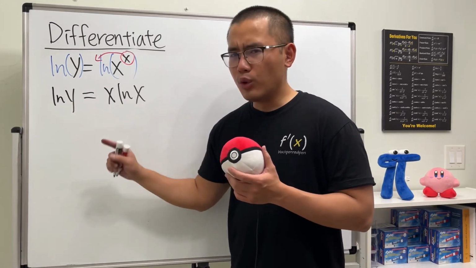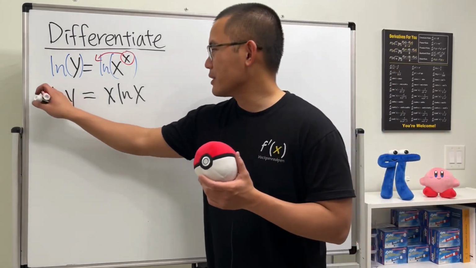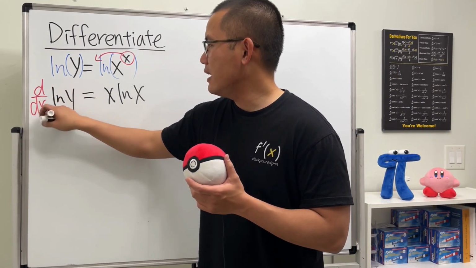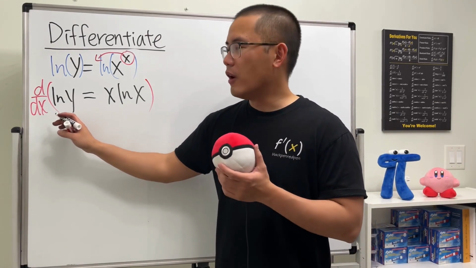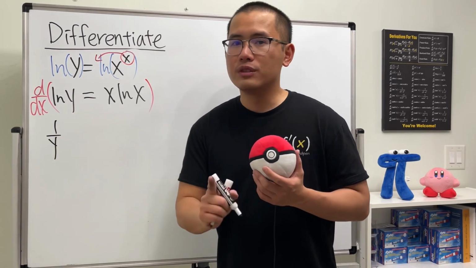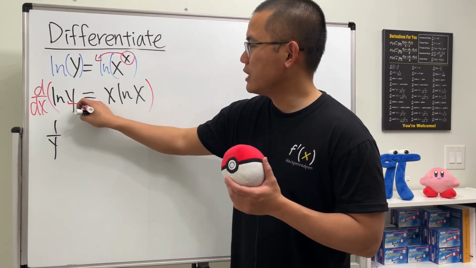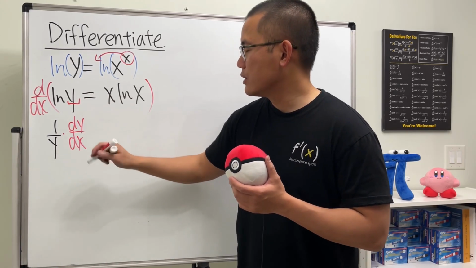Even though the y is no longer isolated, we can just use implicit differentiation, and that's how we are going to continue. So let's put down d/dx, and here we go. Take the derivative of ln y, we first get 1 over y, and then we use the chain rule. Multiply by the derivative of the inside, and that is dy/dx.